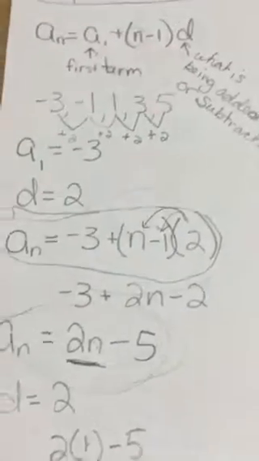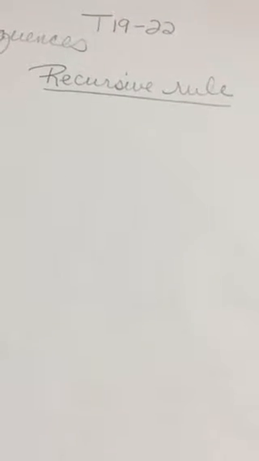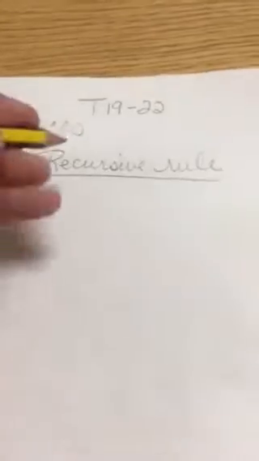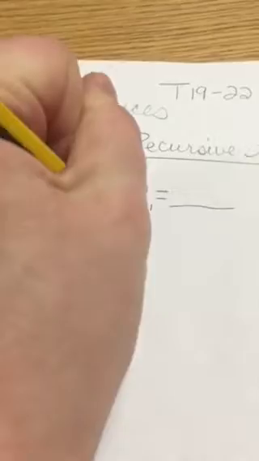Now, let's go to the recursive rule. The only thing it's really good for is to look at it right away and determine right away what is the starting number and the difference. So this is what the recursive rule looks like. A sub 1 equals, there's two parts to it. I'm writing a line there because you need to fill in what it is.